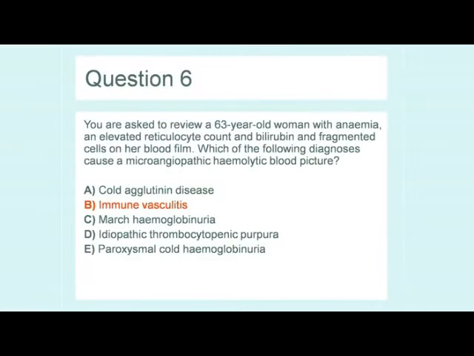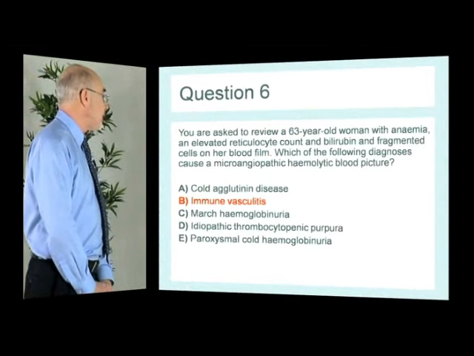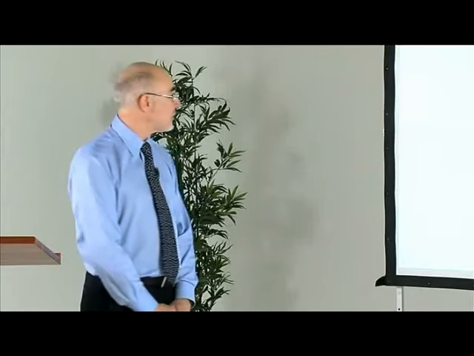The first option is cold agglutinin disease. This is due to the presence of a complete agglutinating antibody in the patient's serum, which in the cold, particularly the cold peripheries, or when blood is removed from the body and cools to room temperature, causes clumping of red cells, the formation of cold agglutinates.